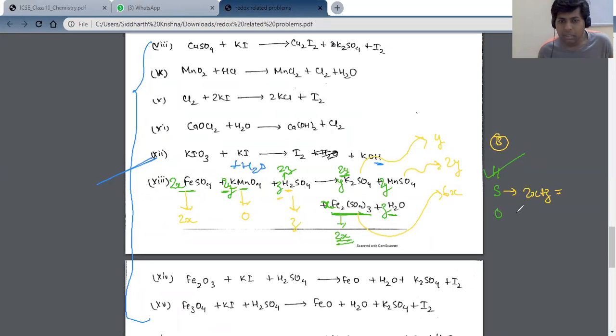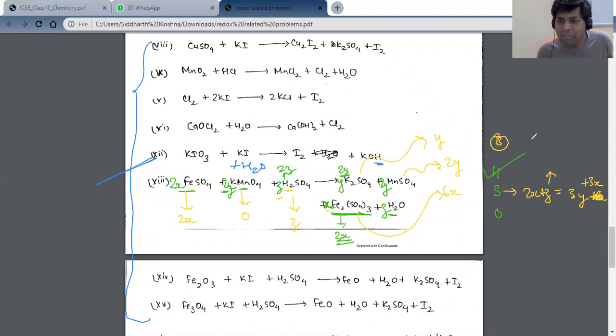So this will be equal to 3y plus 6x. Is it clear to everyone? Sir, why 6x? Because sulfur is having x here and 3 here. Okay, it should not be 6x, it should be 3x. Good.